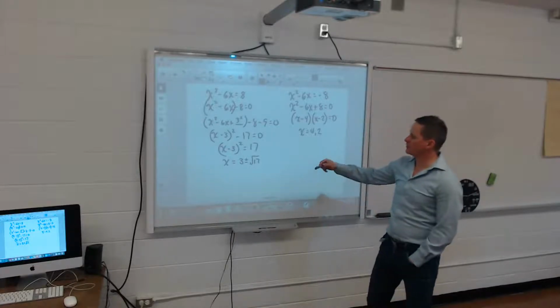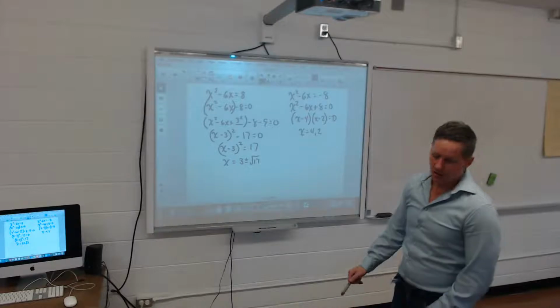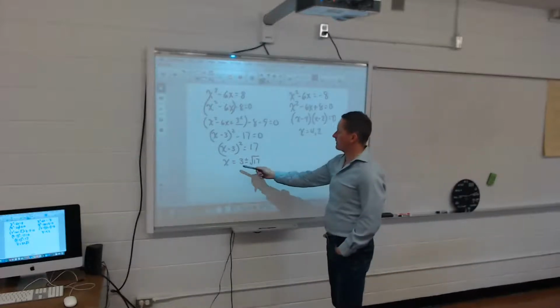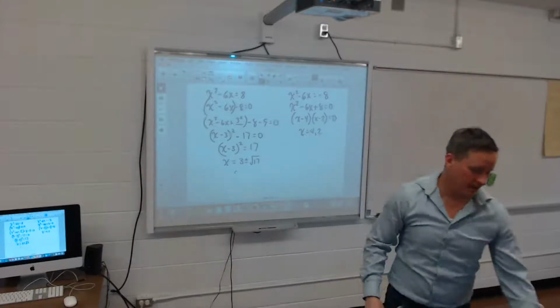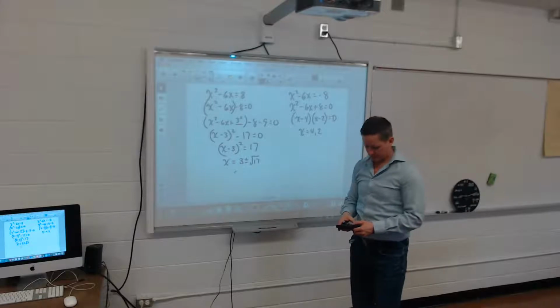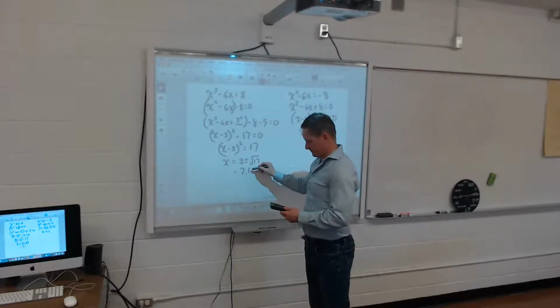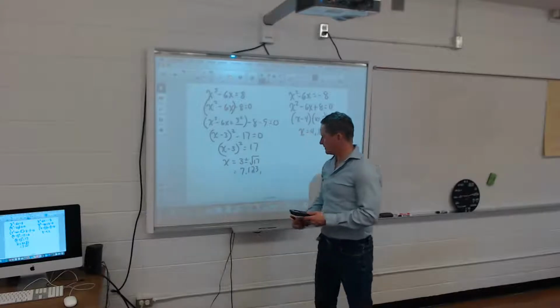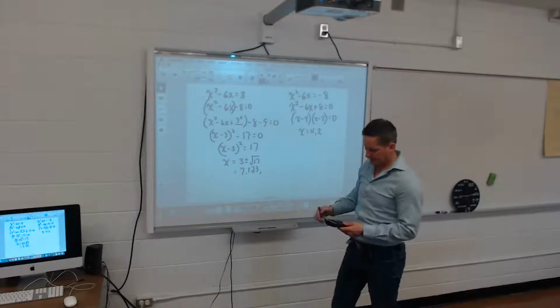So now you would have to check your roots, your radical values. I'm probably wanting an actual number for now. So I'm going to go 3 add root 17, which is 7.123, and then 3 subtract root 17.